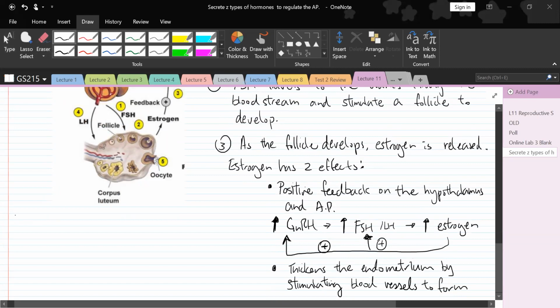Now we're going to talk about step number 4. The estrogen goes back to the hypothalamus, goes back to the AP.